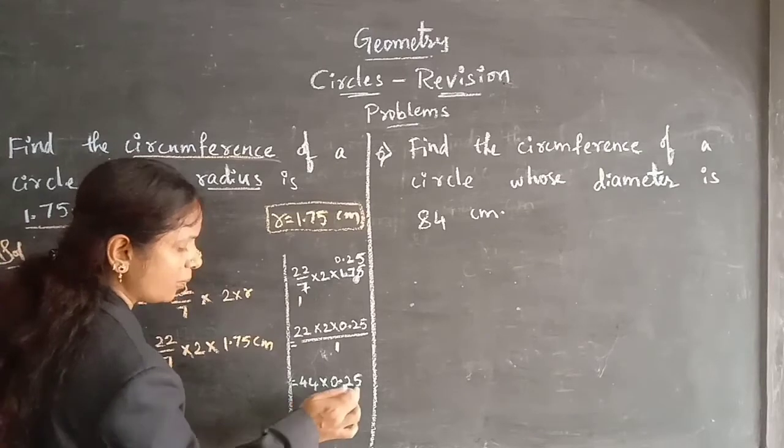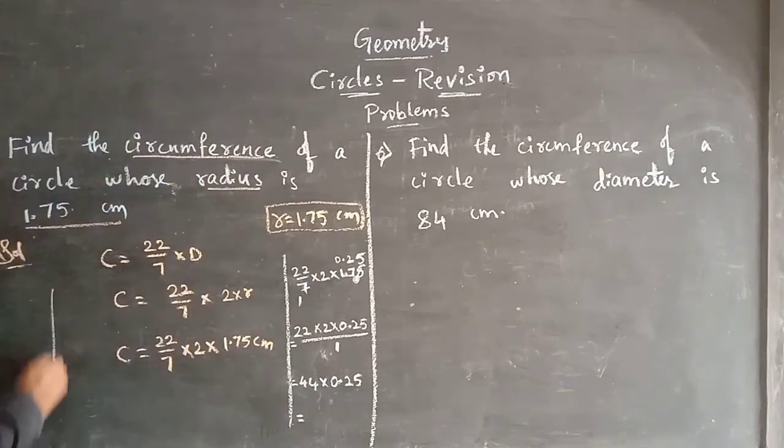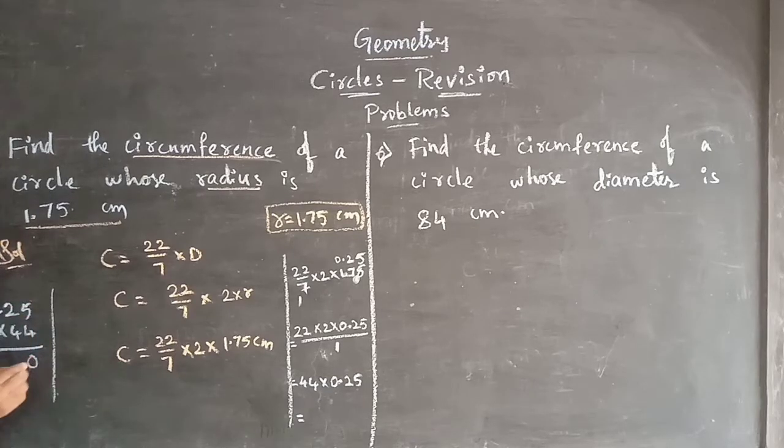So 0.25 into 44. Here I am multiplying, you can see. 4 fives are 20, 0 and 2 carry. 4 twos are 8, plus 2 is 10, 0 and 1 carry. 4 zeros are 0, 0 plus 1 is 1. Now with the second digit I am multiplying. 4 fives are 20, the same you will get, children. Why?